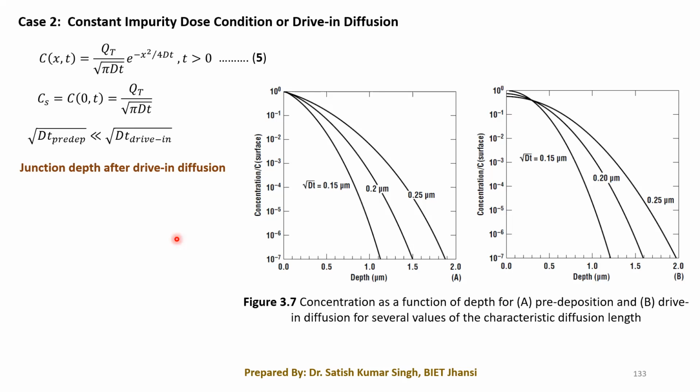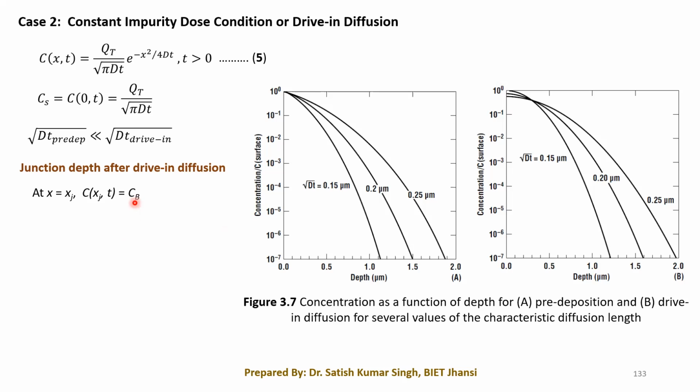We can calculate that junction depth by saying that at x equals xj, the concentration of the impurity equals Cb, the background concentration, which is nothing but the concentration of the substrate, which is already p-type doped.